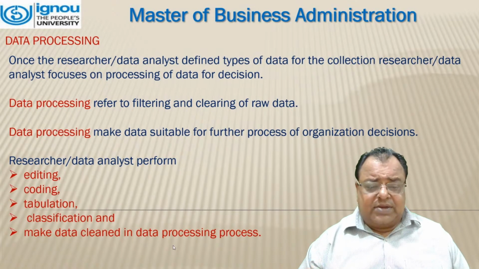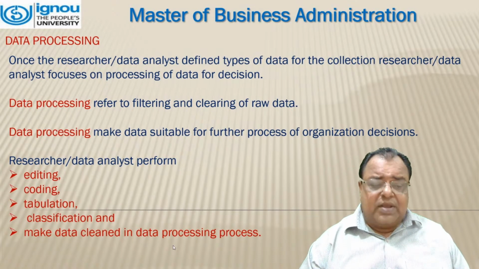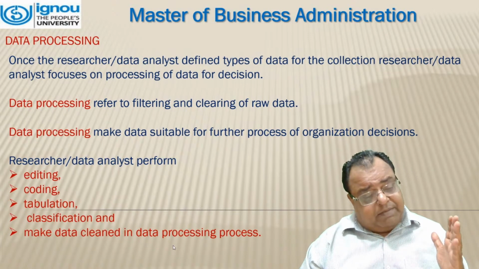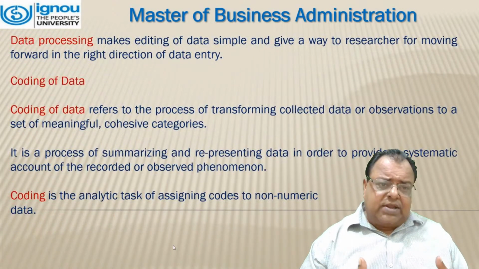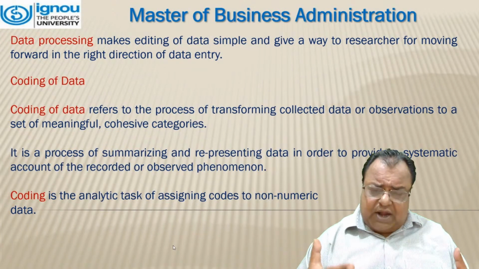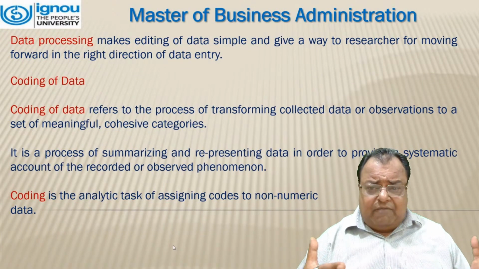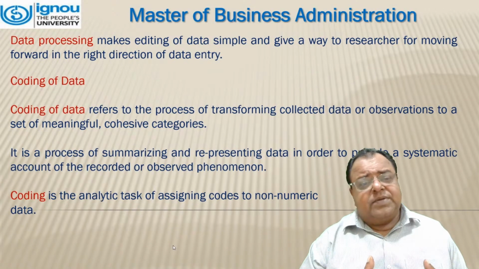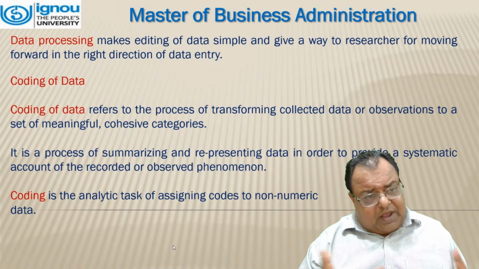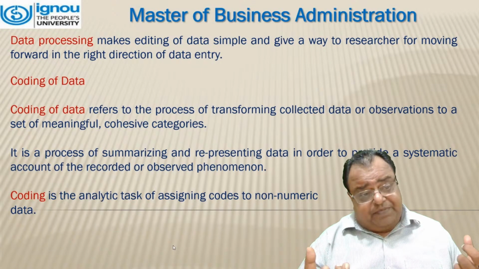Researchers or data analysts perform editing, coding, tabulation, classification, and make data clean in the data processing process. Data processing makes editing of the data sample possible and gives the researcher a way to move forward in the right direction of data entry.